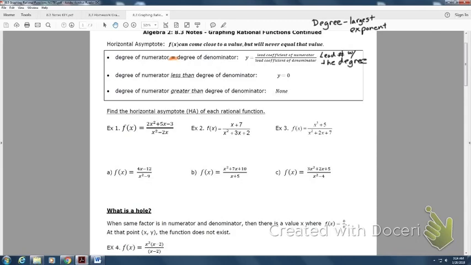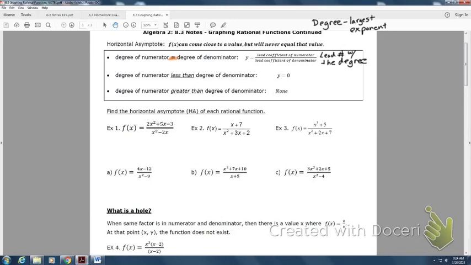Those are a couple of definitions you need to know. So this one has a degree of 2, the leading coefficient is 2. This has a degree of 2, the leading coefficient is 1. This has a degree of 1, the leading coefficient is 4. Okay, so if they're the same, I'm going to divide those 2 numbers, and that's my horizontal asymptote.